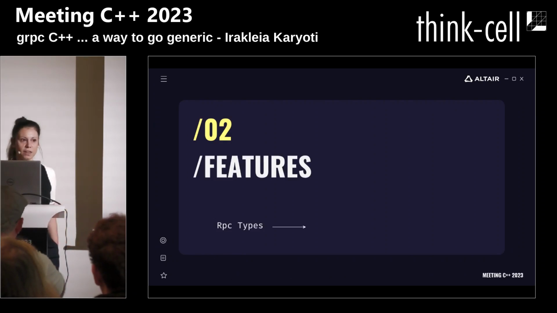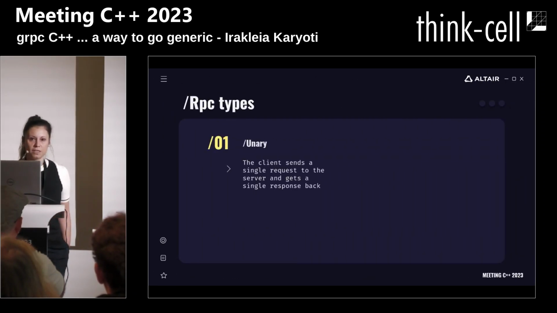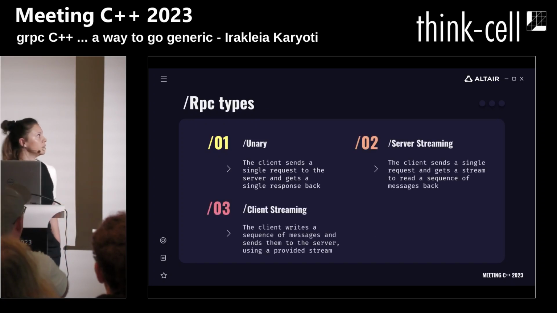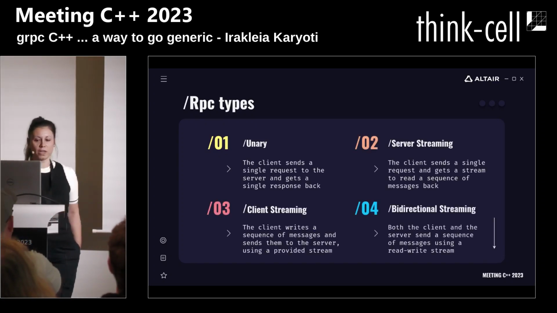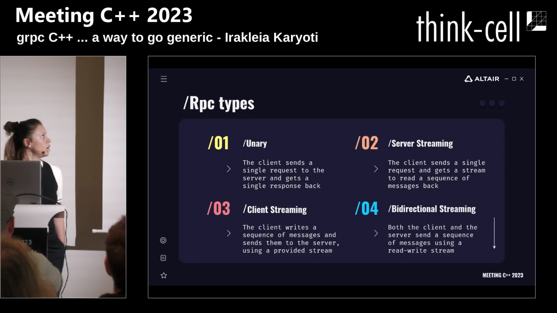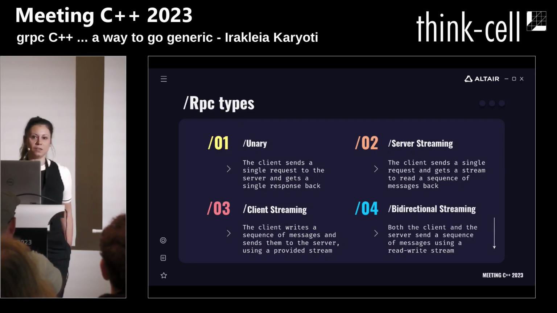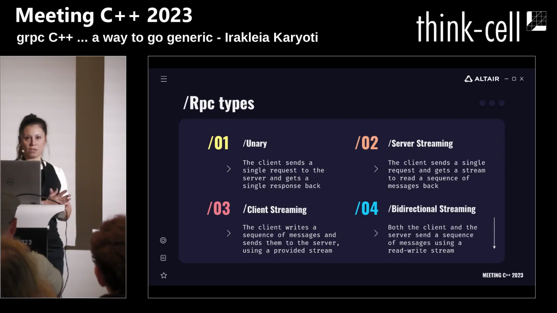So what are the common RPC types that gRPC provides? First, we have unary calls, where the client sends a single request to the server and gets one single response back. We have server streaming. Again, the client sends a single request.